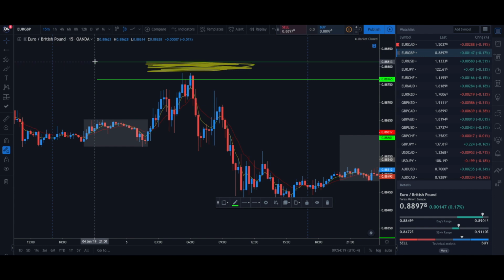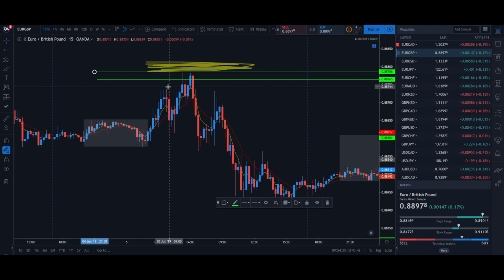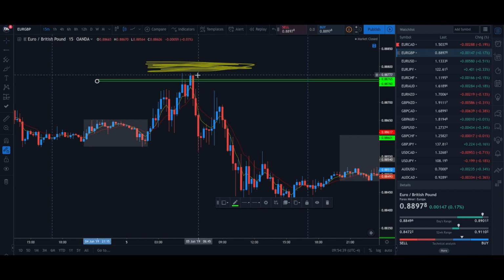Literally, you'll see this happen. They'll get all those orders, and all those orders are buy orders. Remember, guys, they can see all the orders that are there. So they'll grab the orders, and as soon as they have them, the spread goes back to normal, but price will make the drop that it needs to make.